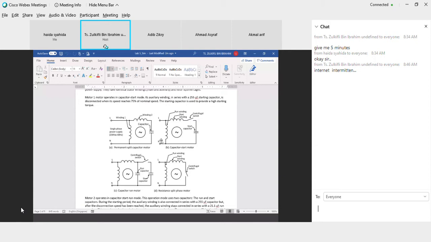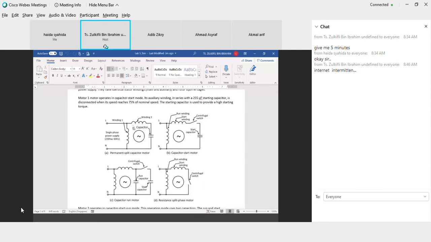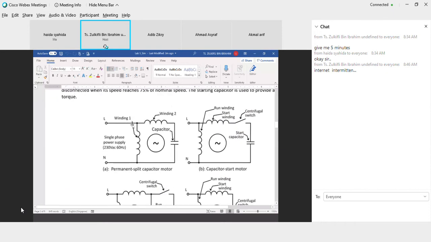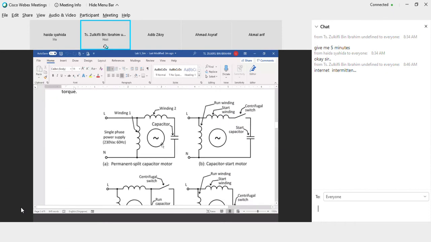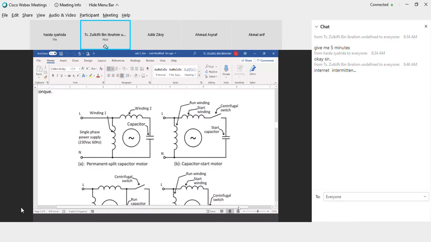And so you can see in the figures A, B, C, and D. So this is the type of winding configuration of the single phase induction machine. So as you can see here, for example, A, permanent split capacitor motor.